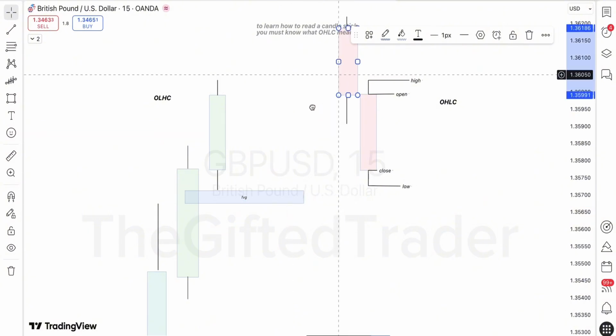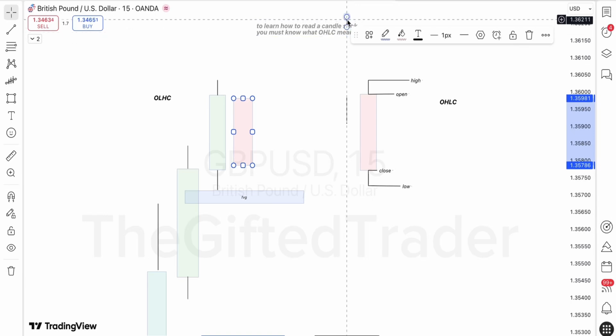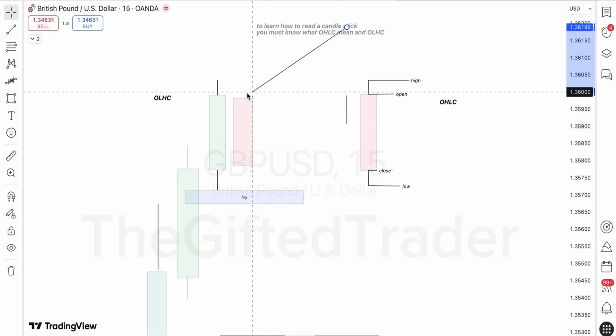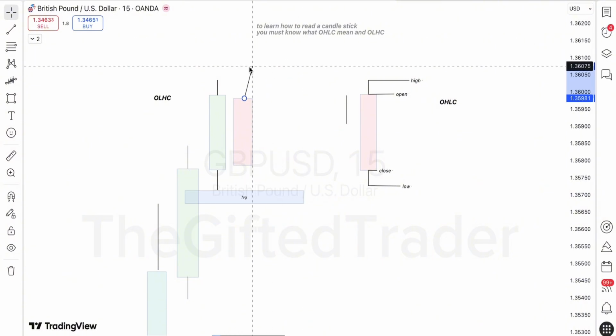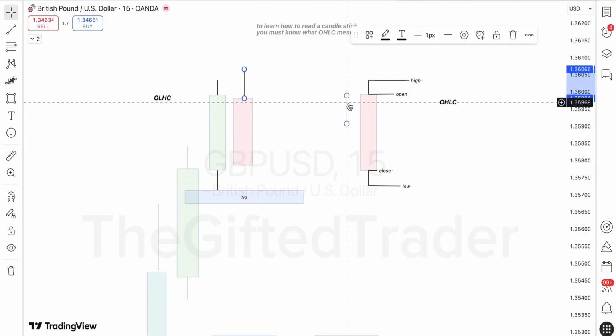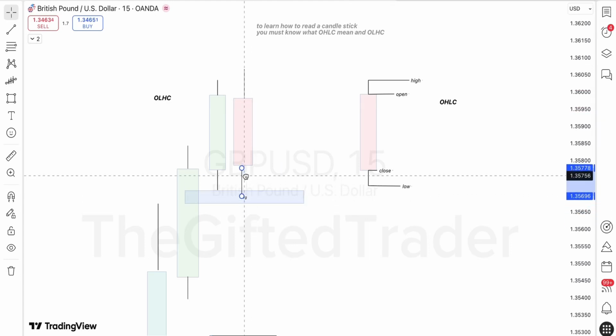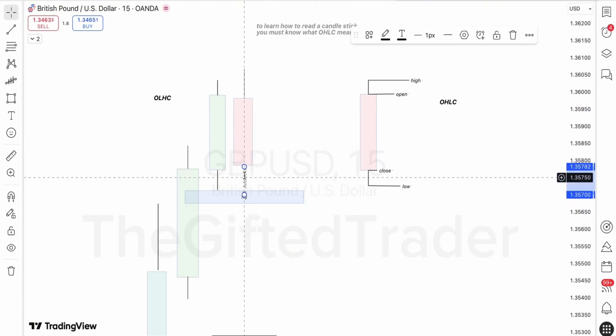And price went back down to try and touch the fair value gap. It did touch it. Let's say it touched it.